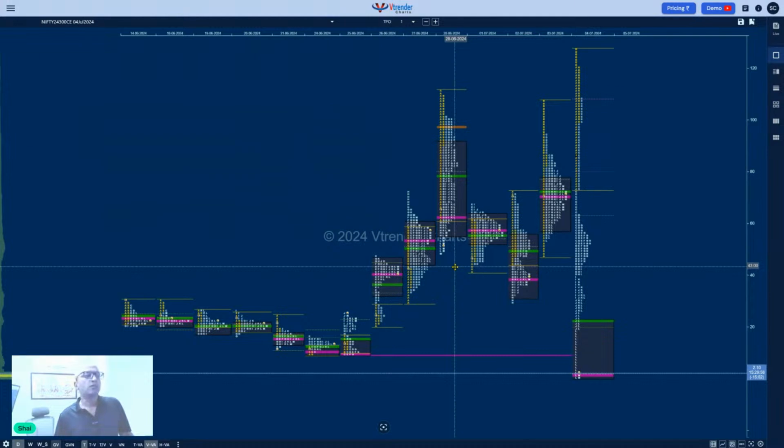Again what I'm emphasizing here is that the open interest itself is not enough to tell you which way the bias needs to be taken. You have to have a market profile chart open, and the reason the market profile chart works better than other charts is because it's got an element of time and volume.